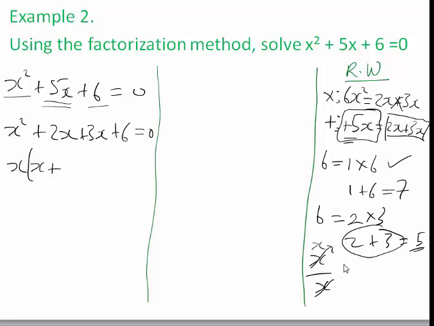Then for the next one, we say 2x divided by x, leaving 2. Then plus. What is common between 3 and 6? 3 is common. Then 3x divided by 3.